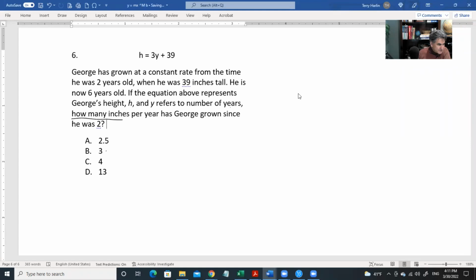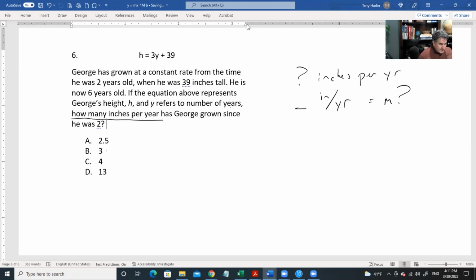How many inches per year has George grown since he was 2? Inches per year. That sounds like a rate. So that could very well be our slope.